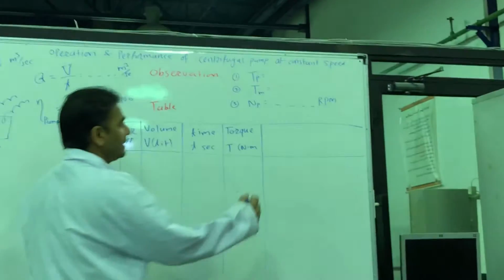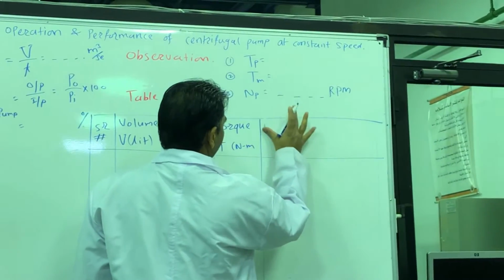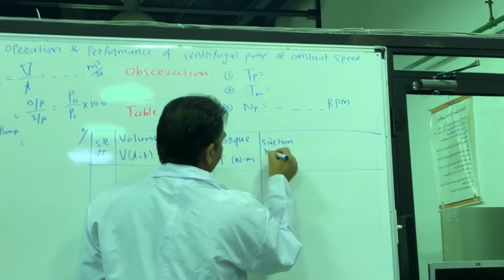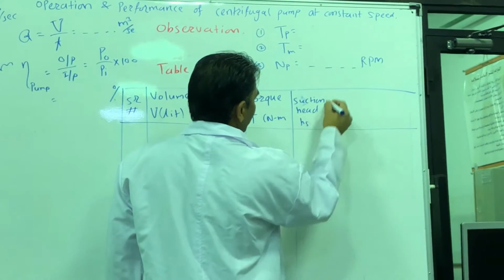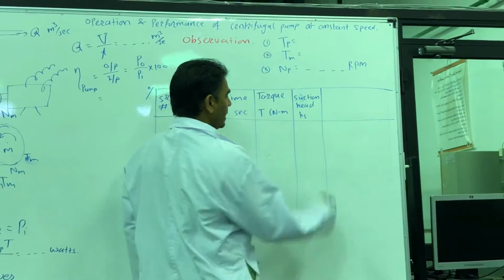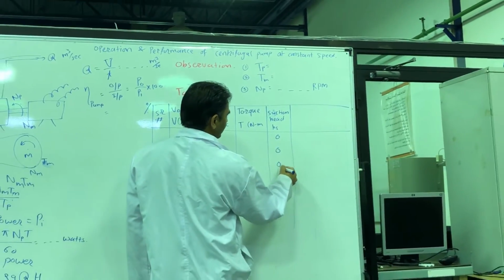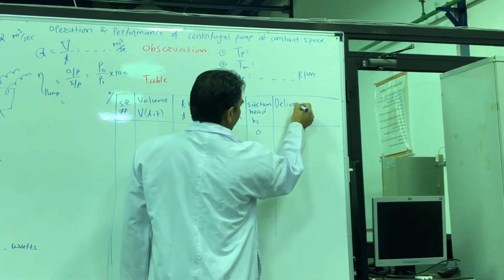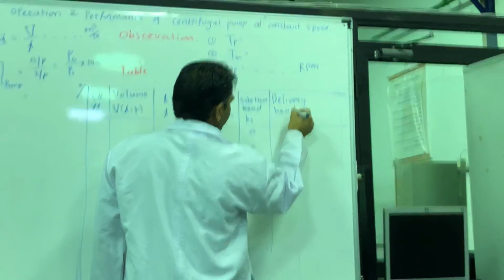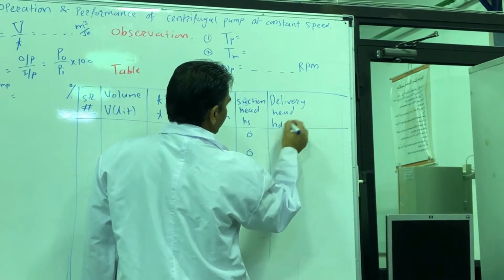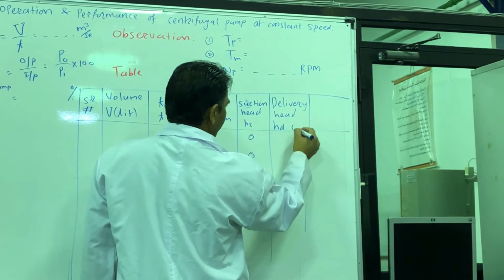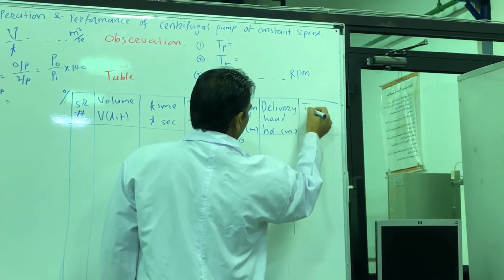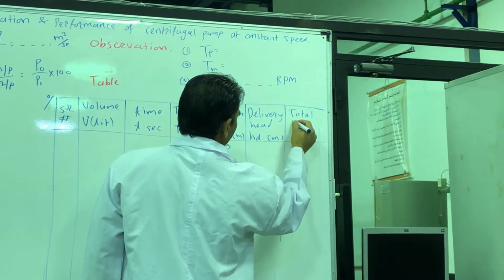Here I will write suction head HS. It is always 0 for this setup. Then delivery head, HD. It is in meter, already given. And total head.